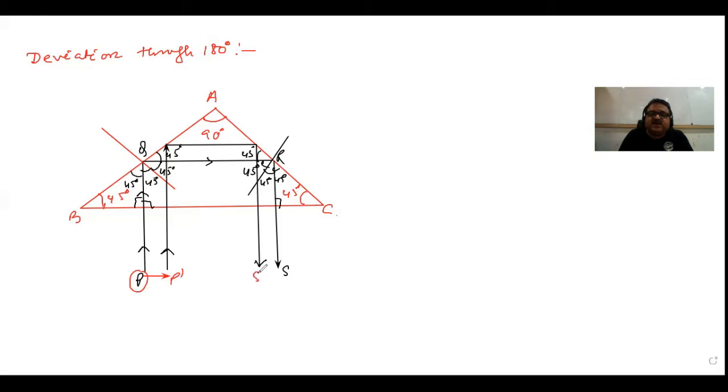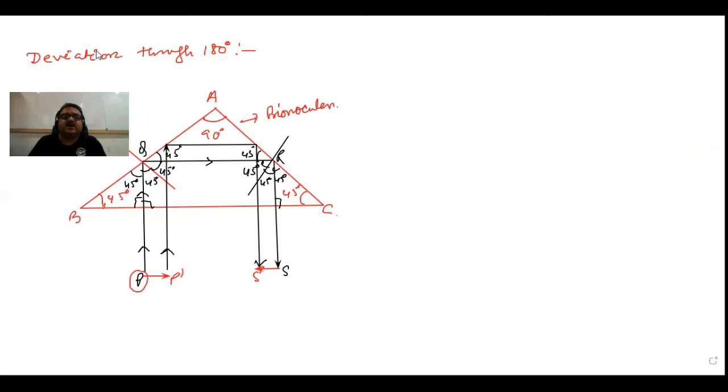This will be S prime. Now, if I join S and S prime, look, the image gets inverted. Clear? The image gets inverted, correct? So where is it used? It is used in binoculars. Correct? This is actually how to produce deviation by 180 degrees.